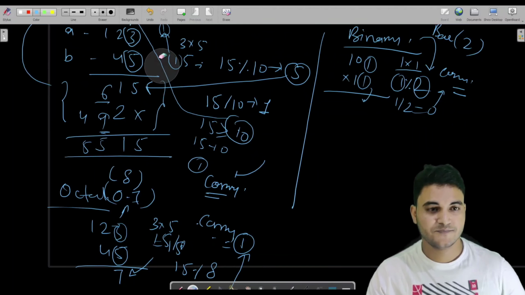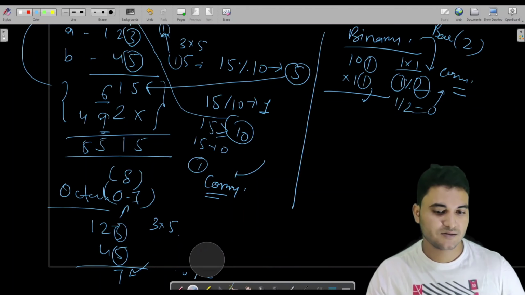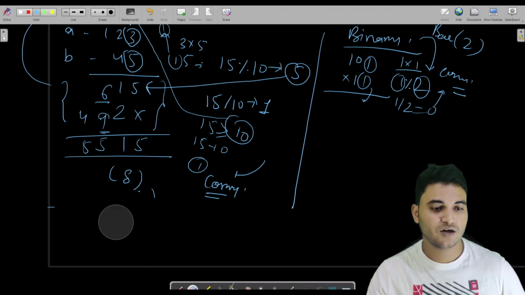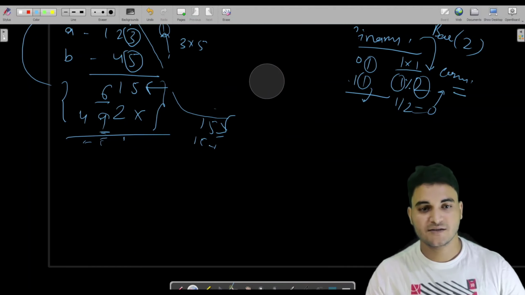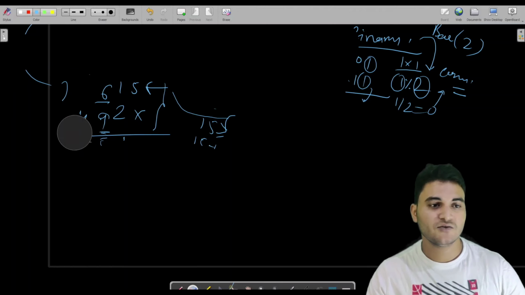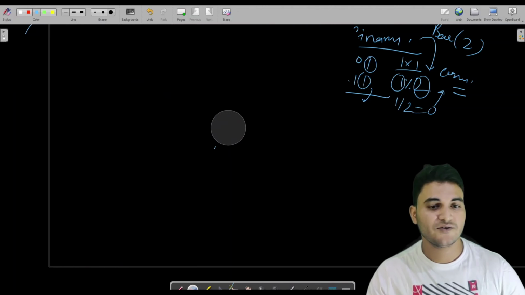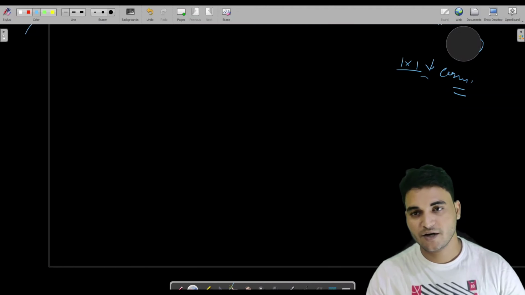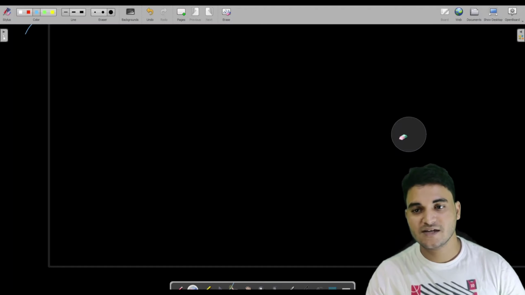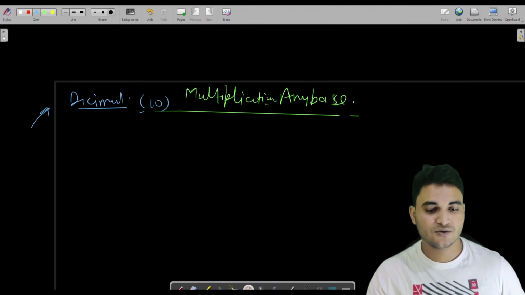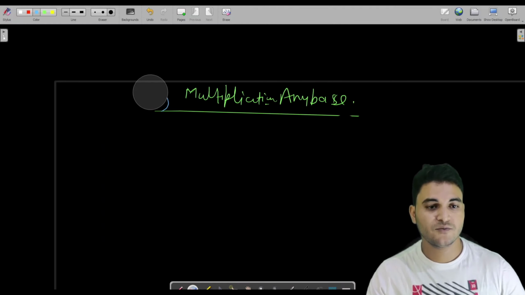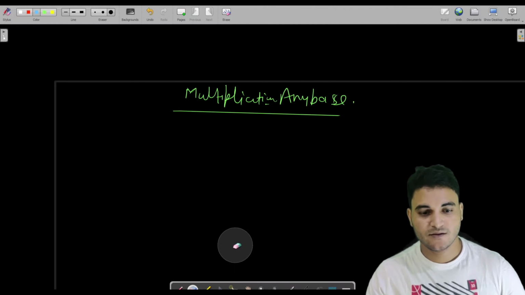Let us say we have been asked to multiply two numbers and we have been provided with a base. Initially you would not know the base in which you have to add those numbers, but the definite thing is that you would be provided a base and you have to add the two numbers provided to you. Let us see an example.